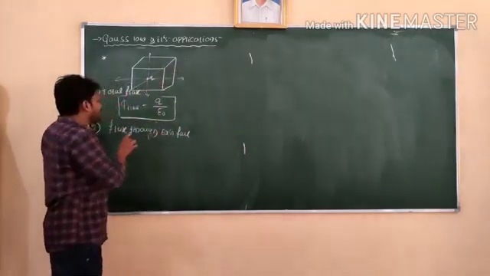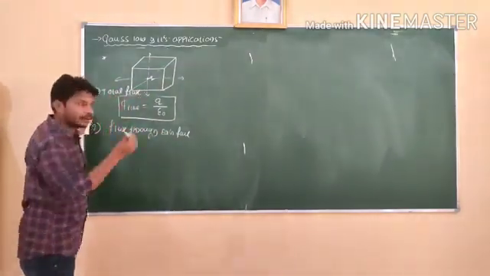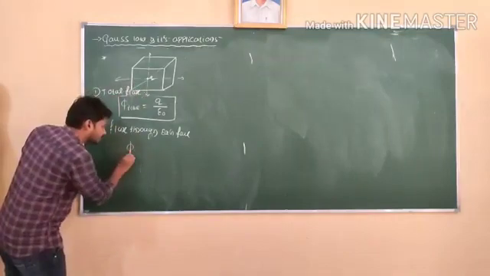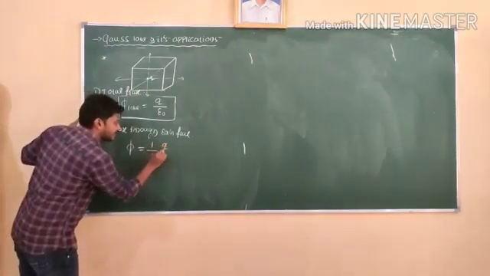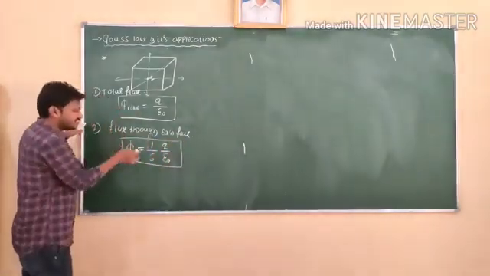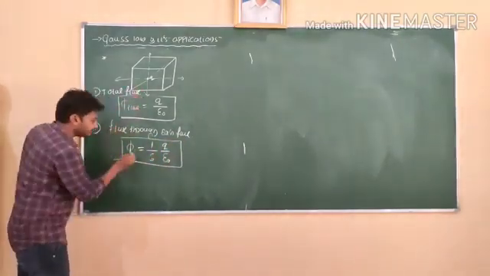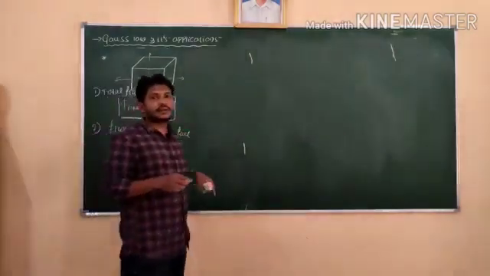So flux through each face: from one face, how much electric flux is coming out? Phi is equal to 1 by 6 into q by epsilon naught. This is the situation when the charged particle is placed at the center of the cube.